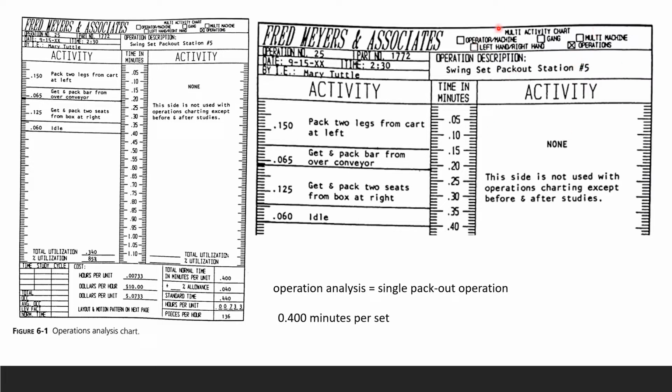Here you cross off right there because the chart is operation. We have other charts: operator machine, left hand, right hand, gang, and multi-machine. Description of your operation goes right in there. Here is your name, who is recording this chart, your operation number, part number, date, and then your time.